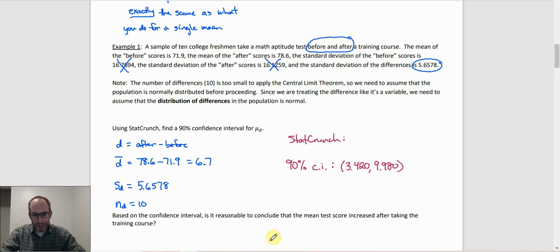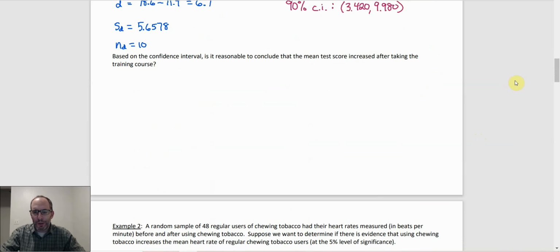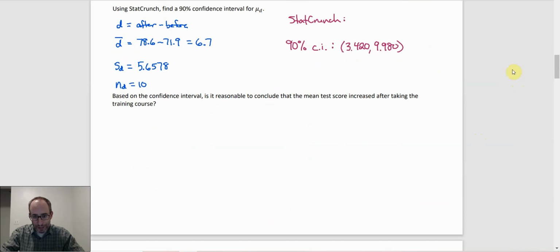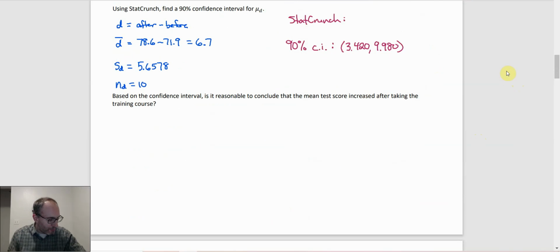All right. Now that we've got our confidence interval, is it reasonable to conclude the mean test score increased? Well, we had set up the differences as after minus before, and we're getting all positive values. So if we're getting positive values here, then that's evidence of an increase. It looks like the after scores on average are higher than the before scores. And that's why when we subtract in that order, we get a positive difference.